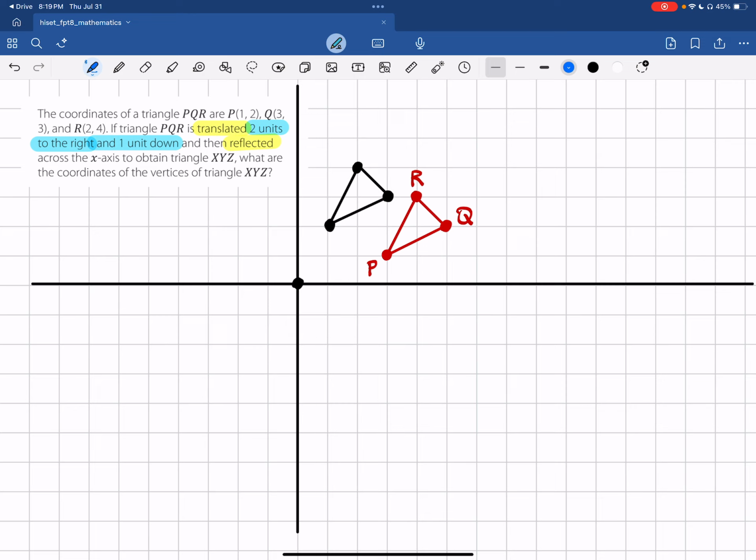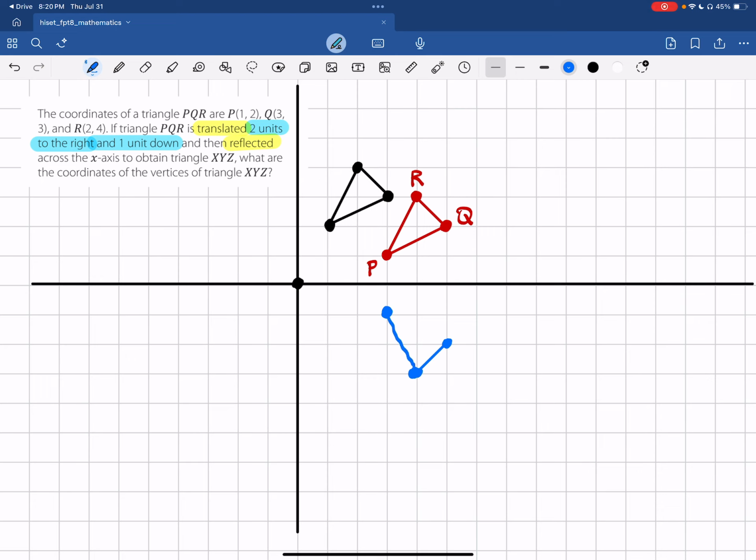Okay, let me also, because we're introducing x, y, and z, let me not do that first. One of the points would be at 3, -1. So over 3, down 1. One of the points would be at 5, -2. So over 5, down 2. One of the points would be over 4 and down 3. So do you see what I've done here?